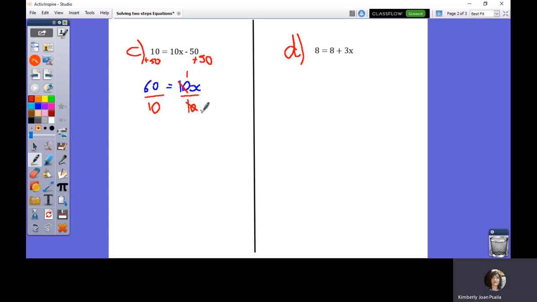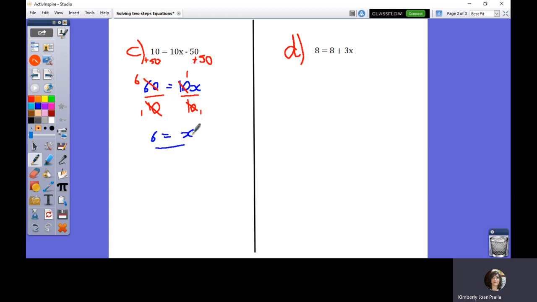This gives us 1 all over 1, and this gives us 6 all over 1. 60 and 10 are both in the table of 10, so 60 divided by 10 gives us 6, and 10 divided by 10 gives us 1. Therefore, 6 all over 1 gives us 6, which is equal to 1x. So x here has a value of 6.